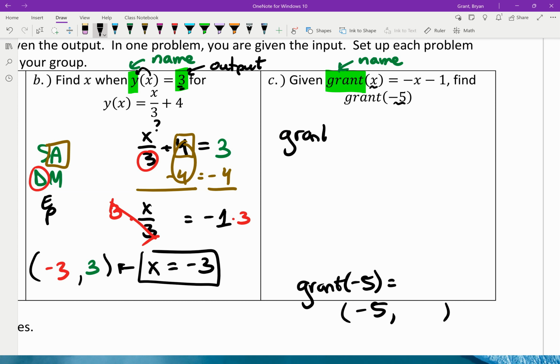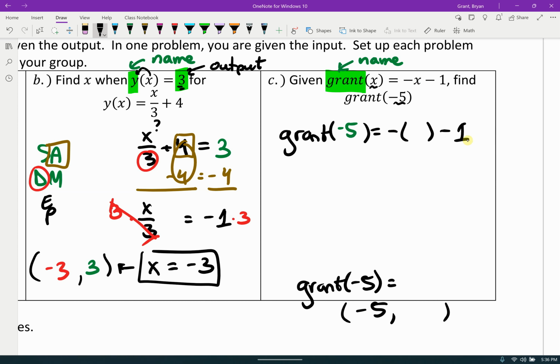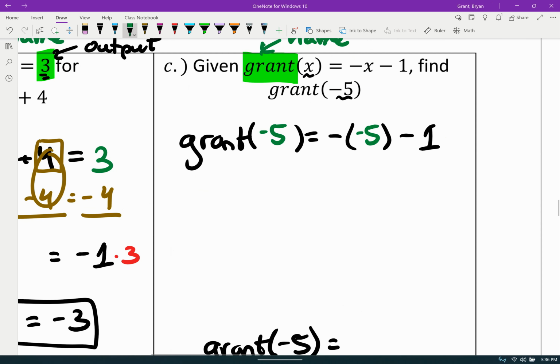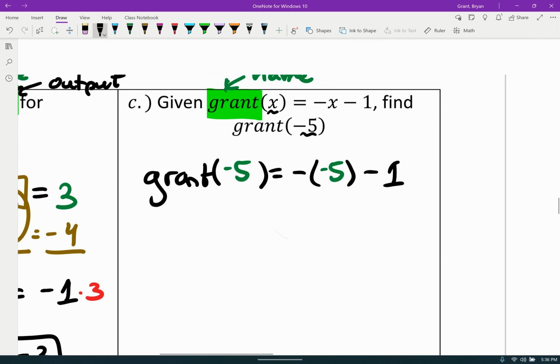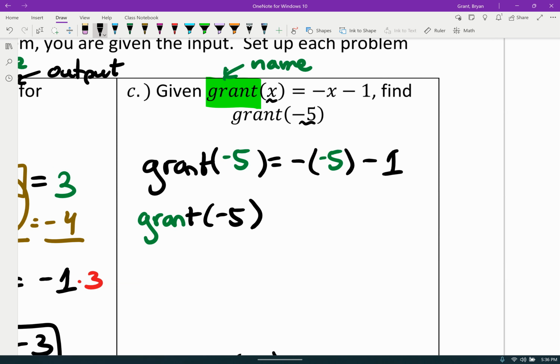So grant of -5 is going to be equal to, and we're going to replace the x. We know the input this time, unlike the other two. So notice I kept the negative, parentheses for the x, -1, and we're going to replace the x with -5. Now the nice part is grant of -5 is already isolated. We're not going to do things to both sides here. Grant of -5 is equal to whatever this equals.